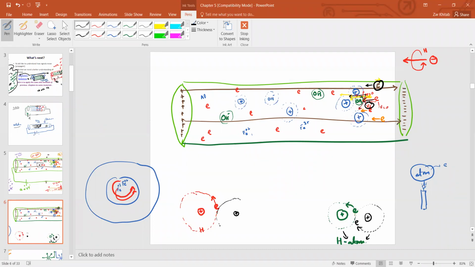It will always try to make a bond with another hydrogen. The two will make a bond only if the electron spin in both hydrogen atoms is precisely opposite to each other. Only then they make a hydrogen molecule.